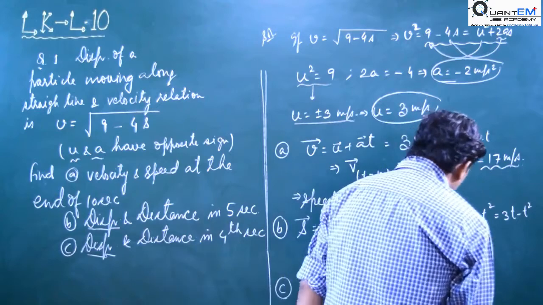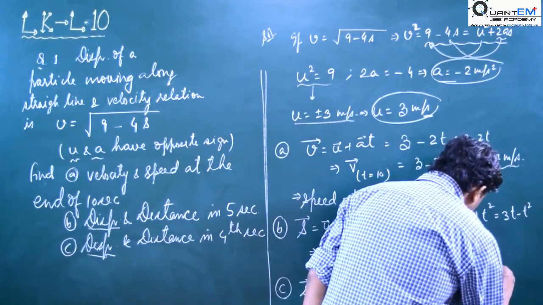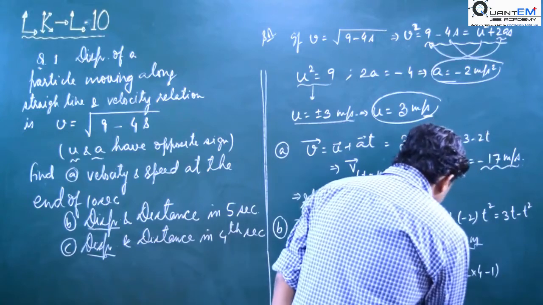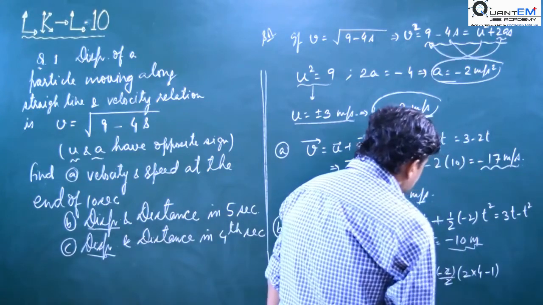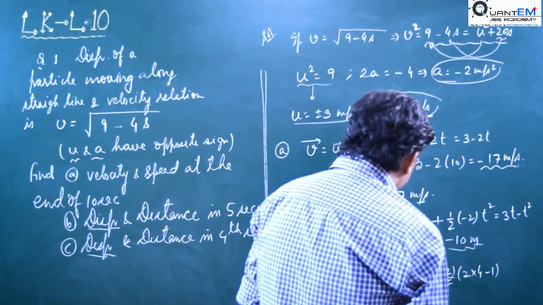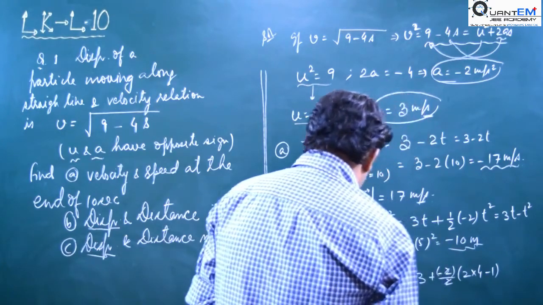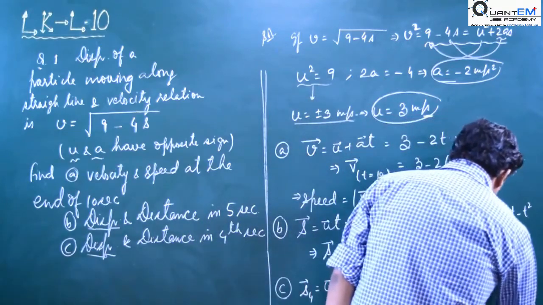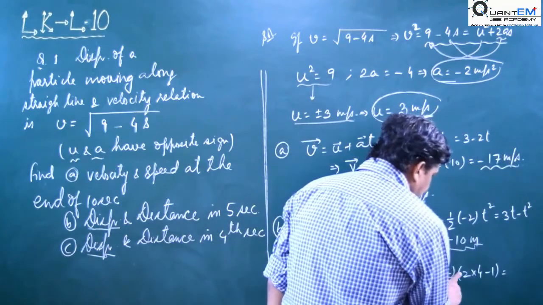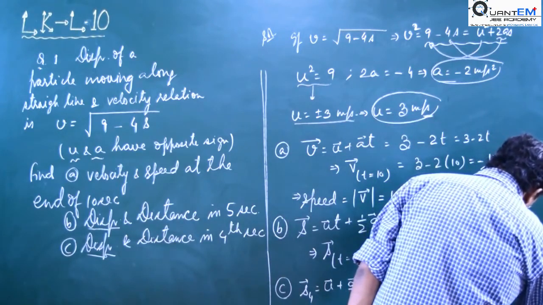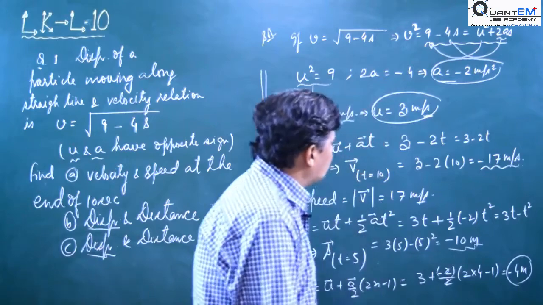In place of n we have to take 4. So what we get? It is 2 into 4, 8, 8 minus 1, that is 7. It is 3 minus 7.